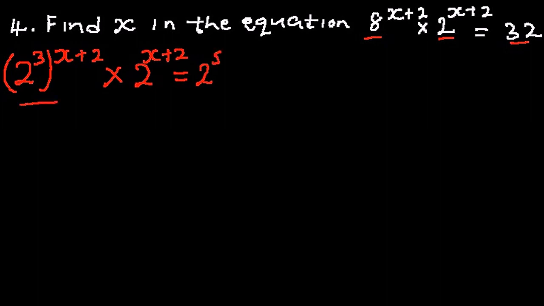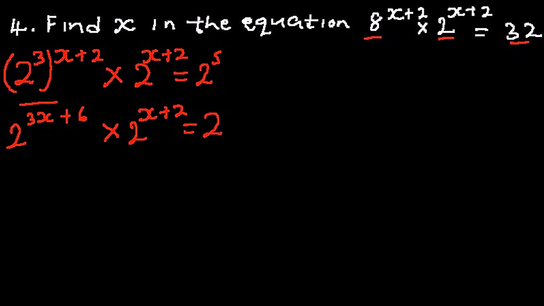We open the brackets here, so you have 2 to power 3 multiplied by x is 3x, 3 multiplied by 2 we add, it is 6, multiplied by 2 to power x plus 2 is equal to 2 to power 5.